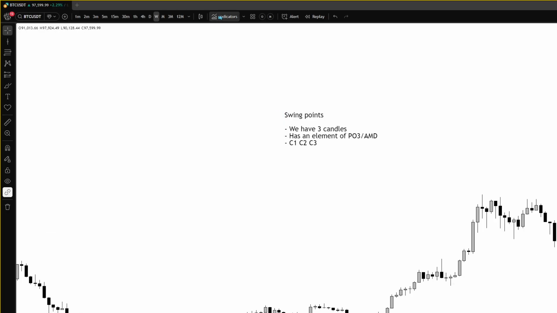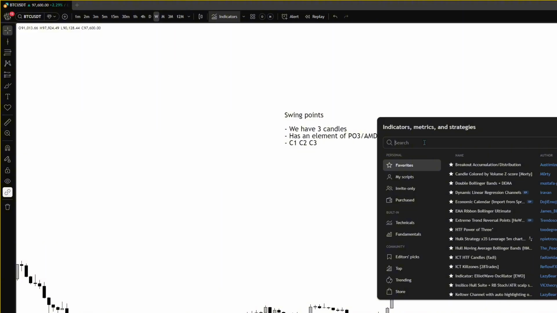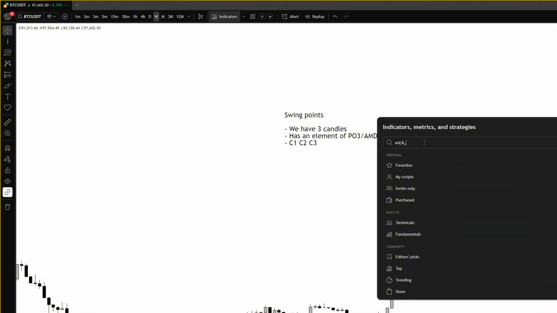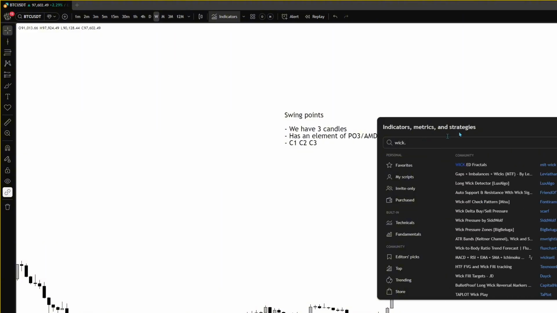If you guys missed the last one, when we were talking about swing points, just so that everybody here has the same definition, we can use this little indicator. Again, I wouldn't recommend you become reliant on indicators. I think if you draw them out, it's going to be really beneficial because sometimes there are some sneaky ones, and unless you've really trained your eye, you will probably miss it.